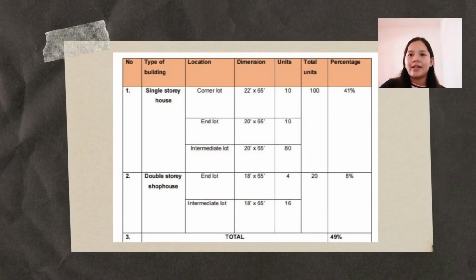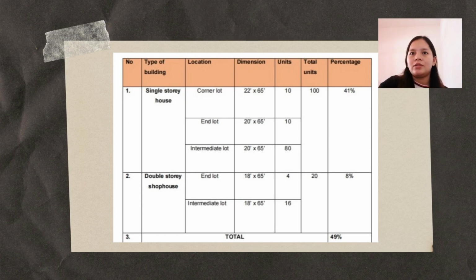Here we can see the pictures about the type of building. First of all is the single story house. We choose three locations: corner lot, end lot, and intermediate lot. These are the dimensions of the land area.